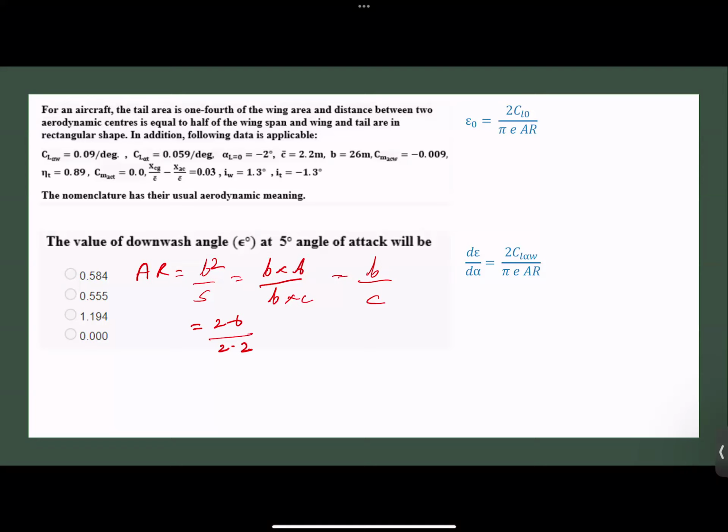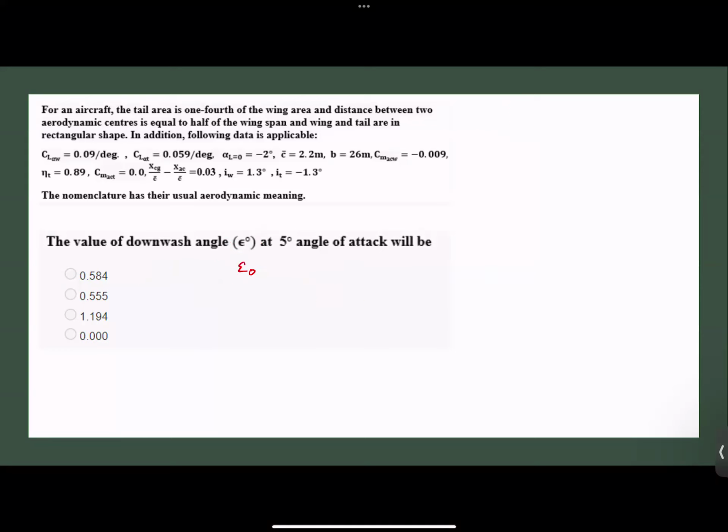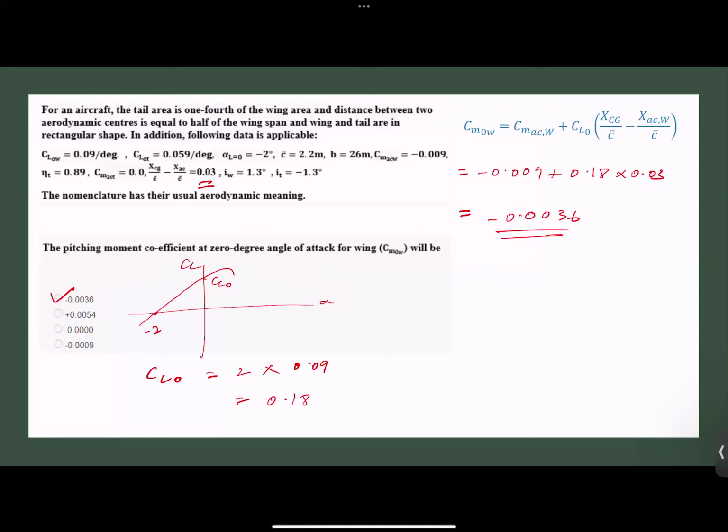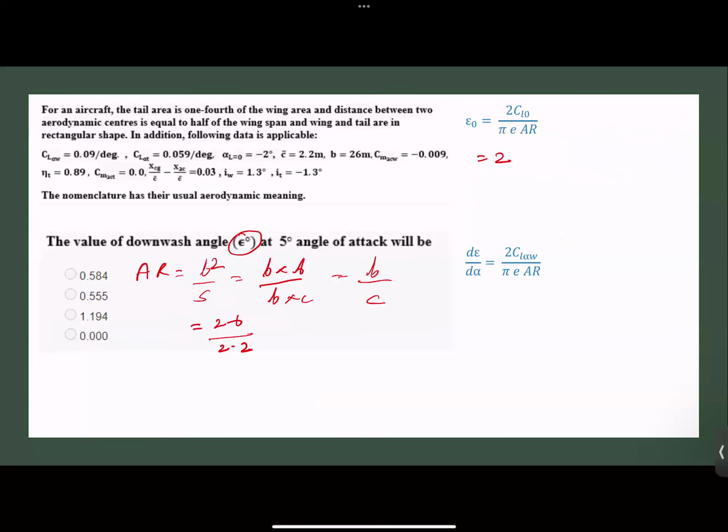If I want you to find the entire downwash angle, not just epsilon naught, the whole thing, we have to find these two and then just do this. CL naught was 0.18.